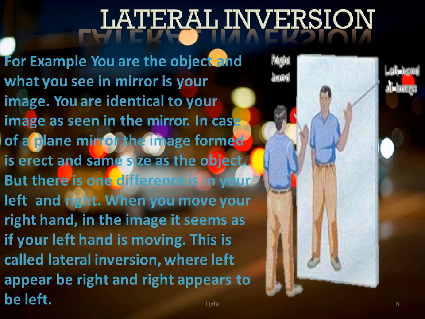Similarly, when the object moves its left hand, the image will move its right hand. It is the same for the legs, ears and eyes also. So it is opposite with respect to left and right. That is called lateral inversion.